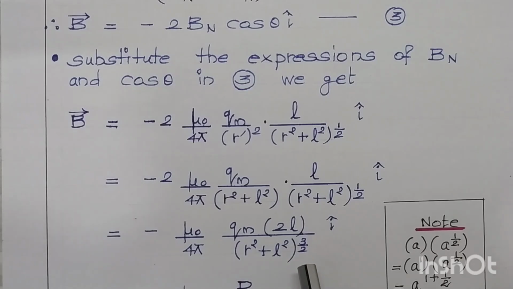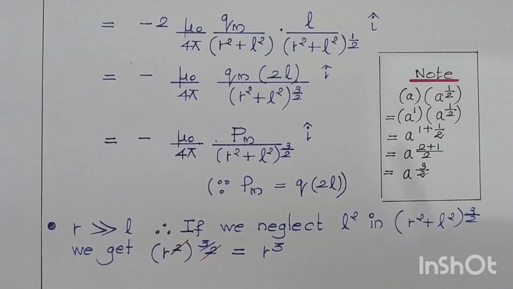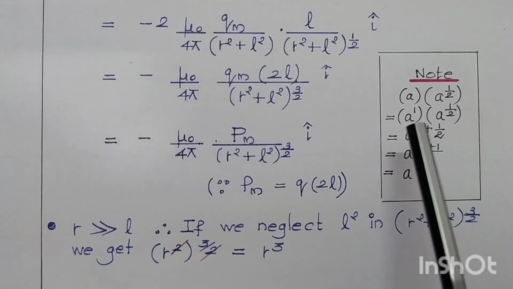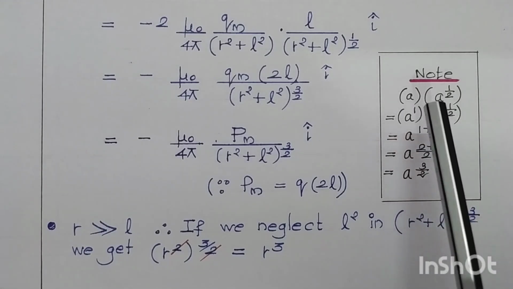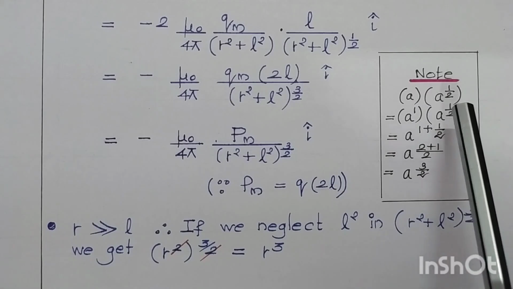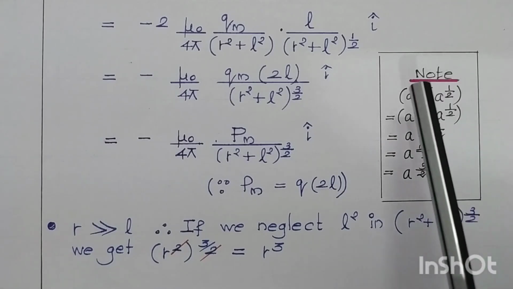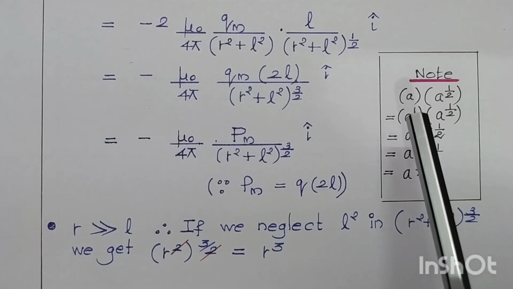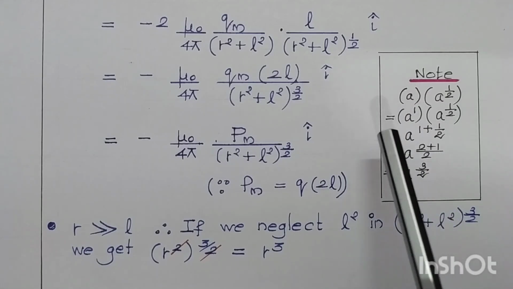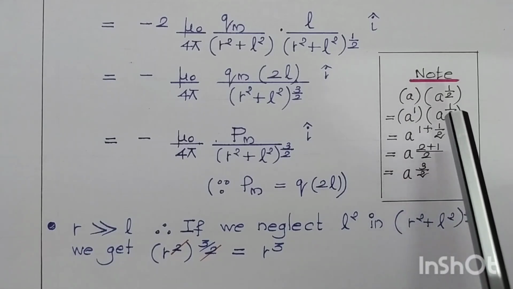Now let us see how this 3 by 2 has come. Here a small note is given for your better understanding. Here a is there, and here a to the power of 1 by 2 is there. Now we are going to multiply these two terms. A is there means there is no power, it means the power is 1. So in the next step, a power 1 into a power 1 by 2.